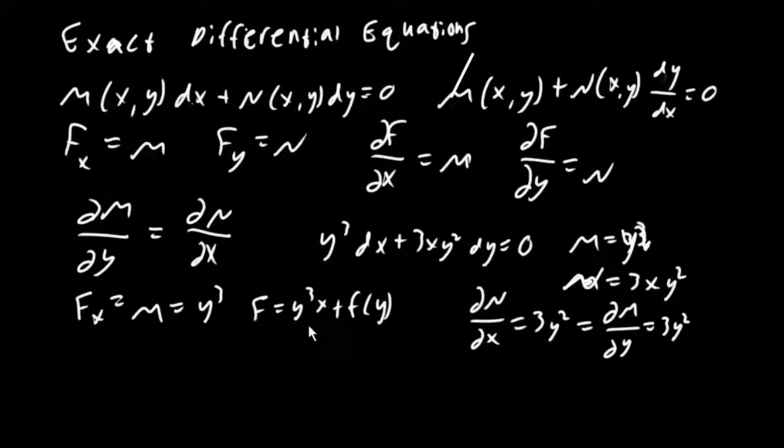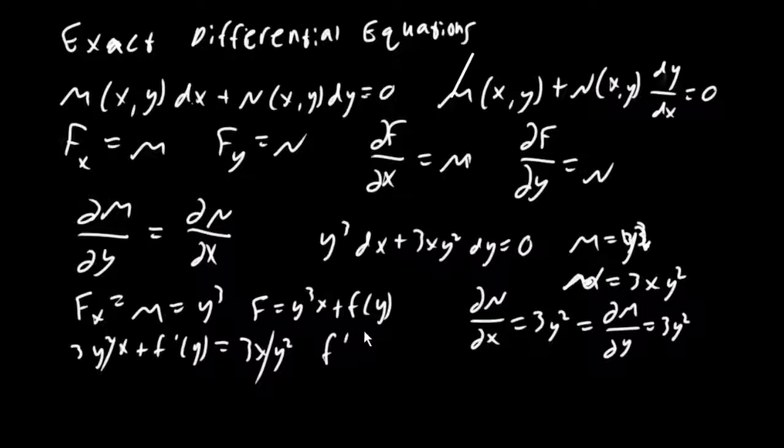Now, we'll take the partial derivative of this with respect to y, and we'll set this equal to n. So then, 3y squared x plus f prime of y is equal to 3xy squared. And so we can cross both of these out.